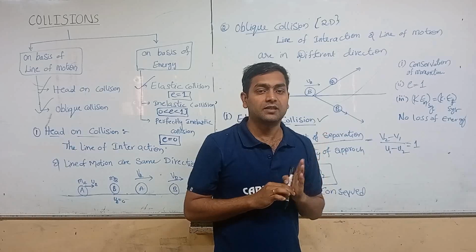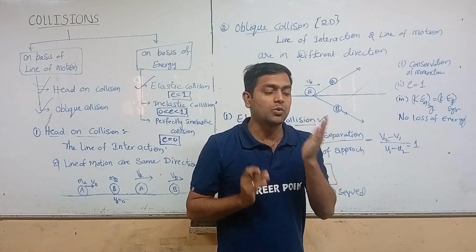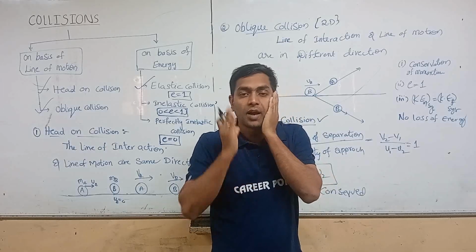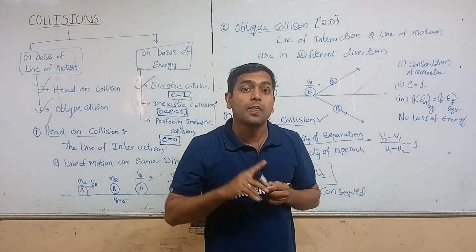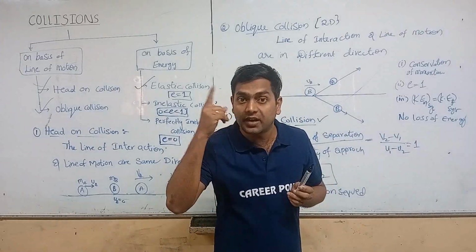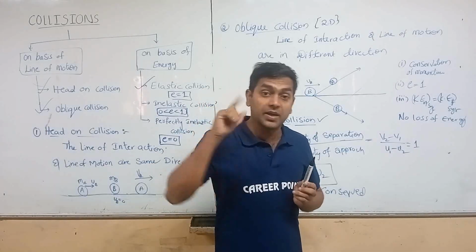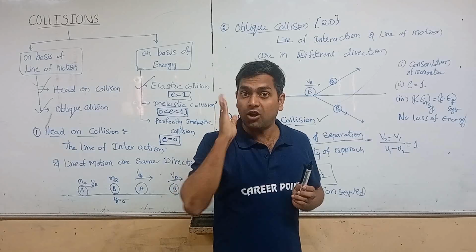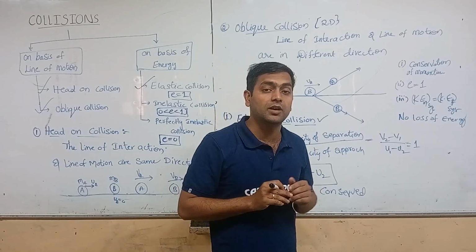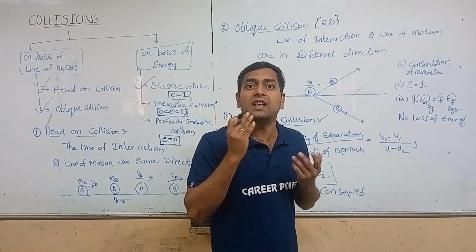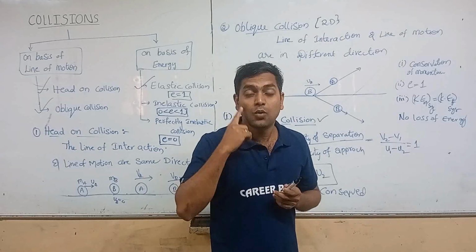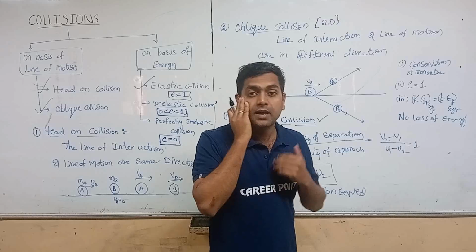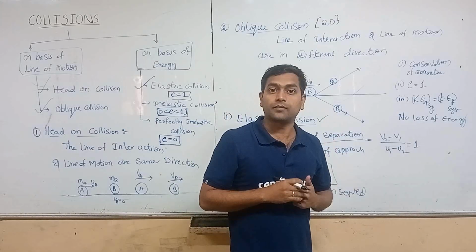After hitting, keep your hand on your chin and this side is very cool compared to the other. The mechanical energy is converted into heat energy, so the energy is lost. For that reason this is not an elastic collision.